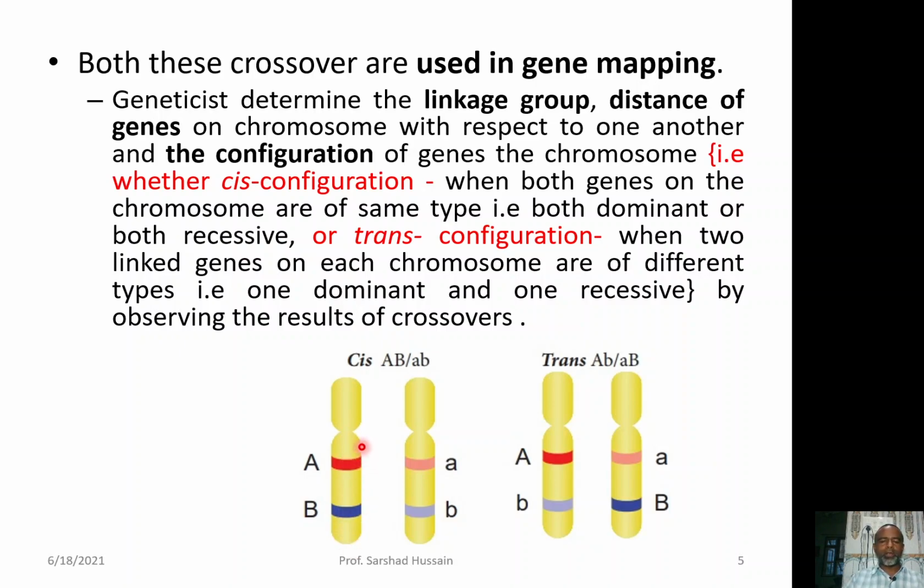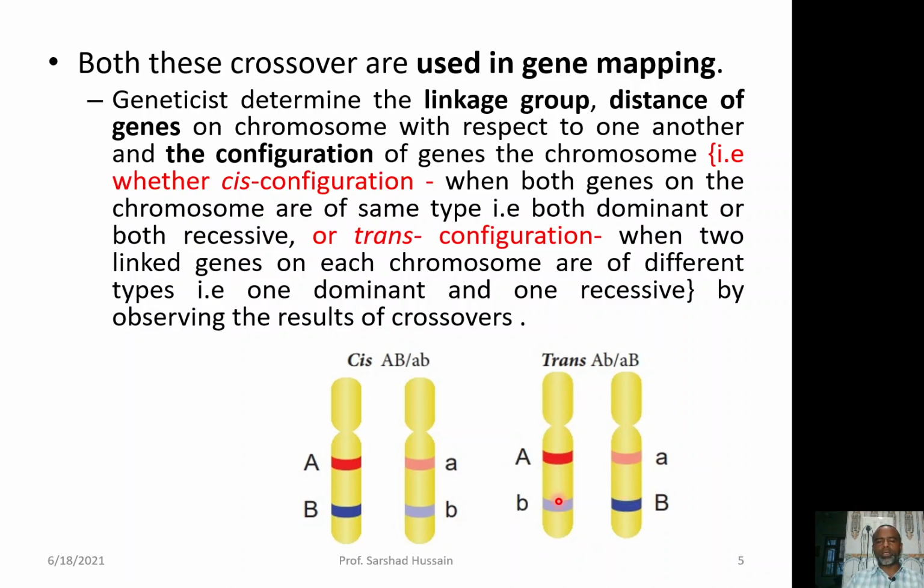That means whether both the genes on a chromosome are of same type, that is dominant, or both are of same type, that is recessive. This is called the cis configuration. Or you may be able to know that whether both the genes present on the chromosomes are not similar, one is dominant, other is recessive, one is recessive, other is dominant.